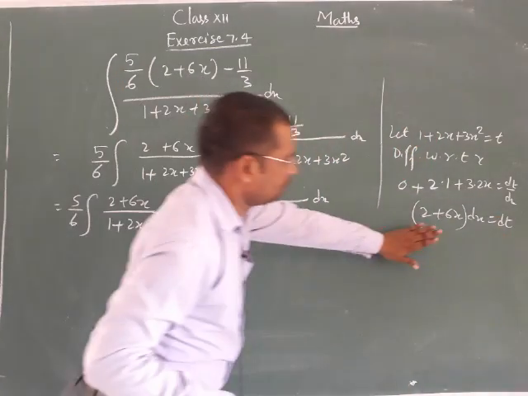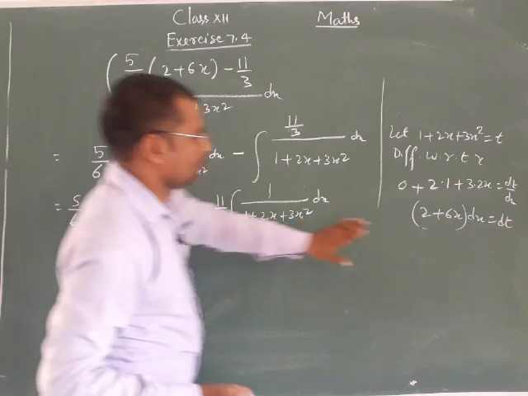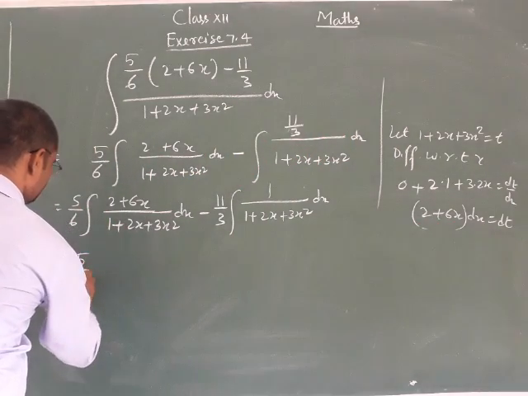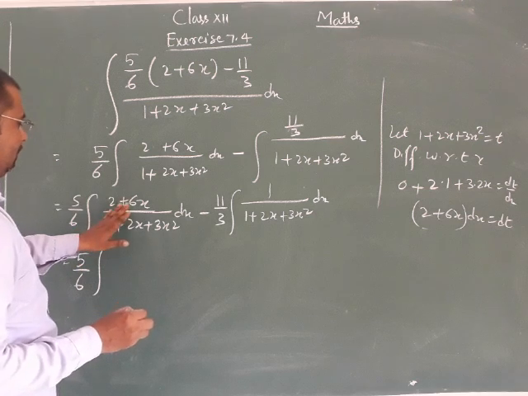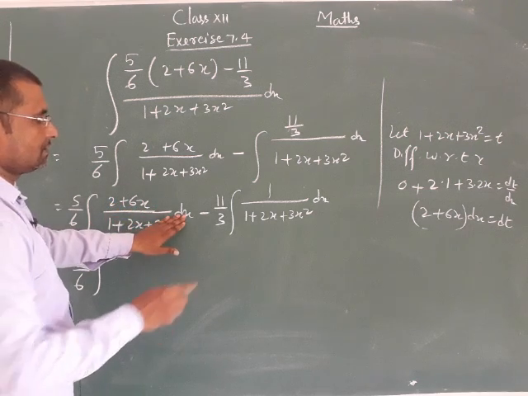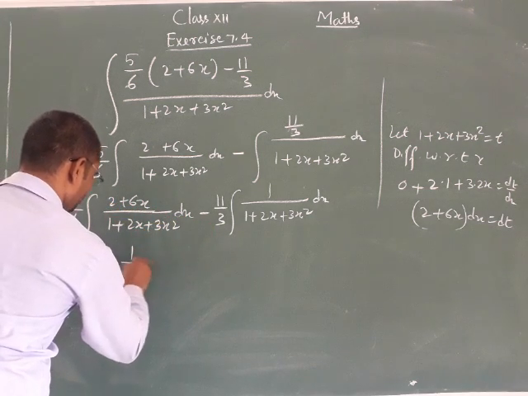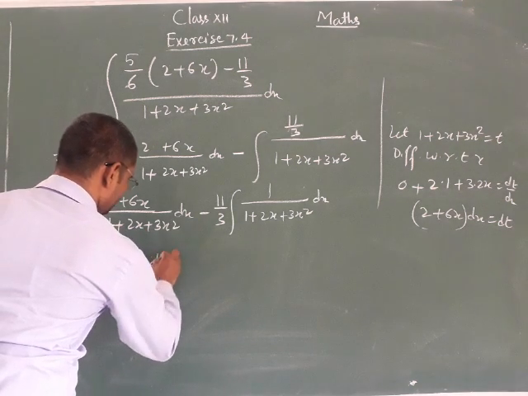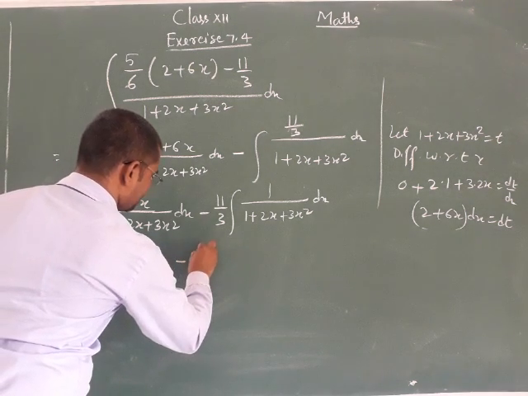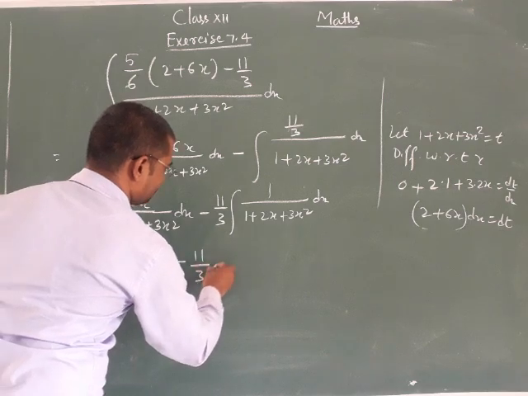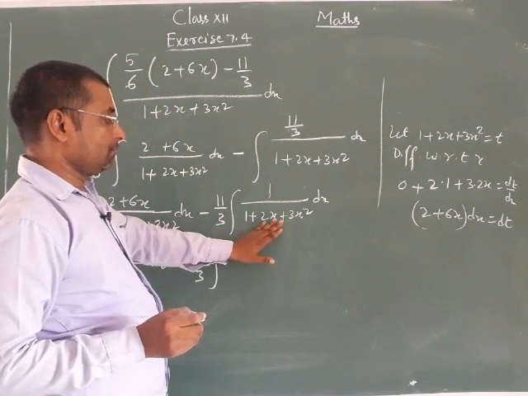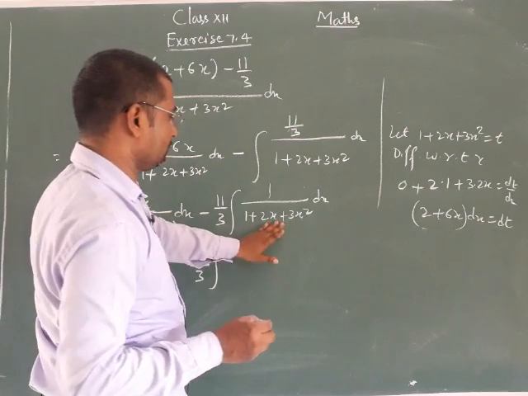So now dx is equal to this. So 5/6 integral of 2 plus 6x ds dt. So 1 upon t dt and minus 11 upon 3. And by the completing square method you can solve this.